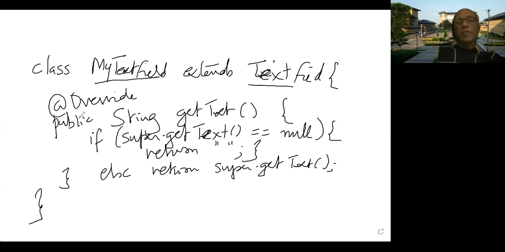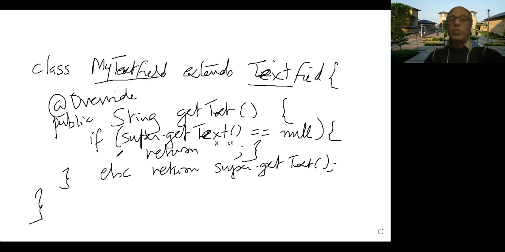So this way, instead of declaring text fields in my program, I changed them to MyTextField. It was a very simple edit. Everything worked perfectly. Wherever TextField occurred, I changed the type to MyTextField.